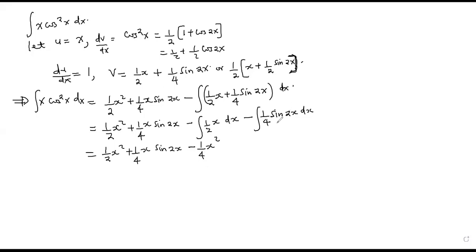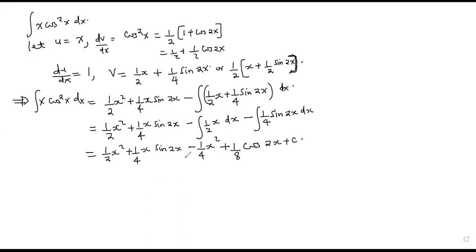Then when you integrate sine, remember you get negative, so it is going to be plus, this will be over 2, so it will be plus 1 over 8 cos 2x plus a constant of integration.